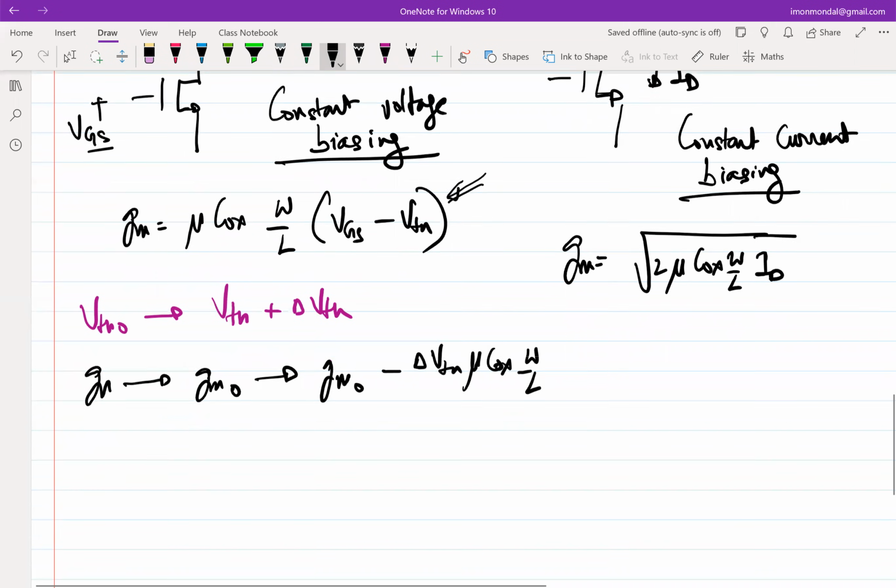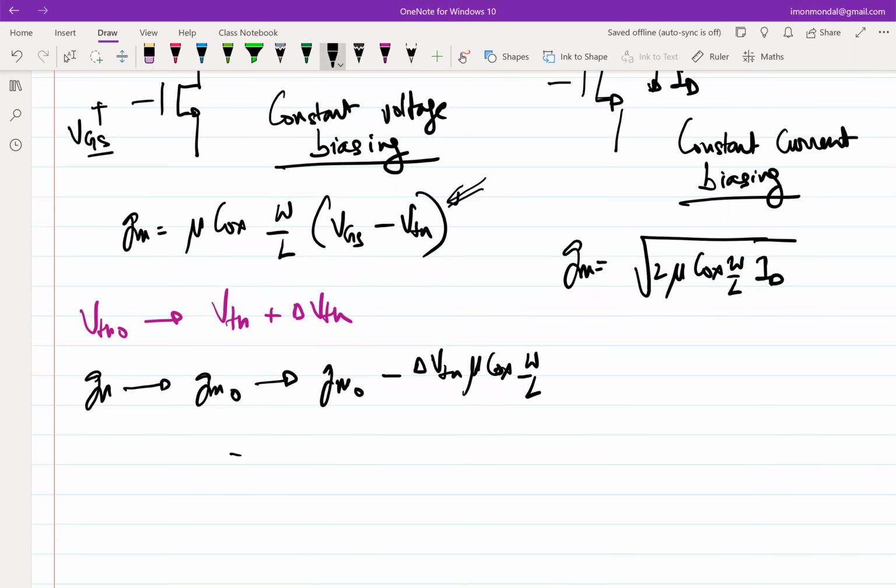So I can express this in this format: delta VTH by VGS minus VTH, that is the overdrive, times, if I multiply by the overdrive, which essentially I'll get back GM naught. So if there is a change in threshold voltage, my GM changes by a certain factor.